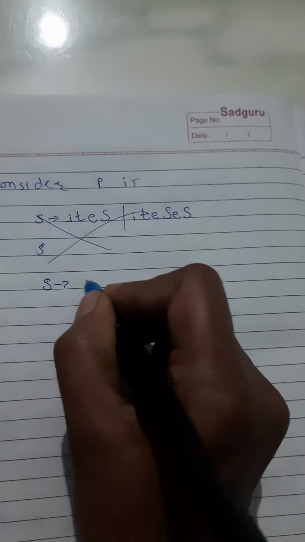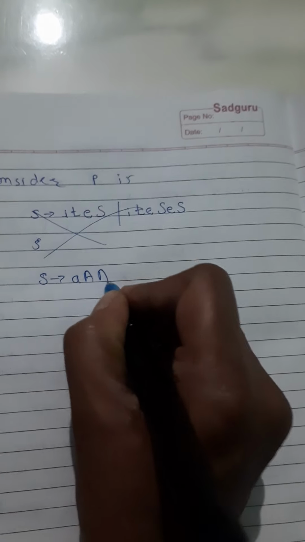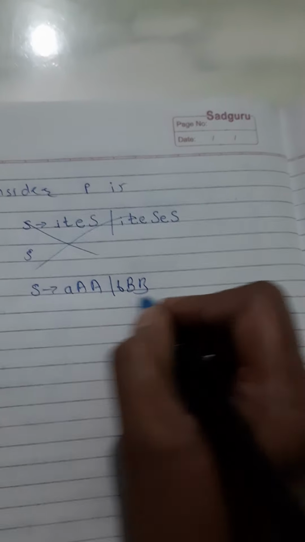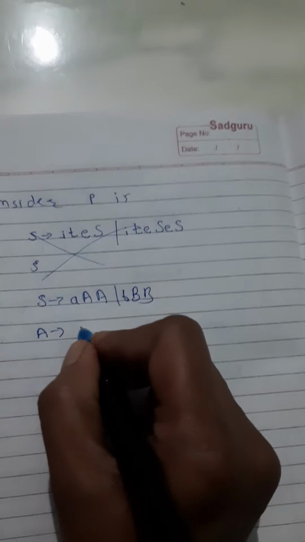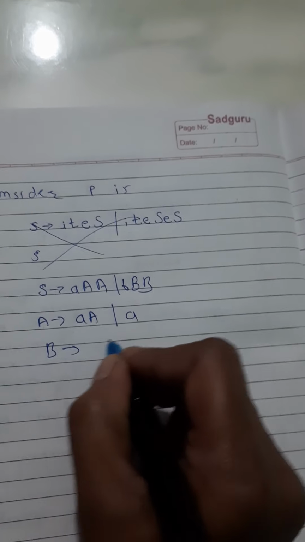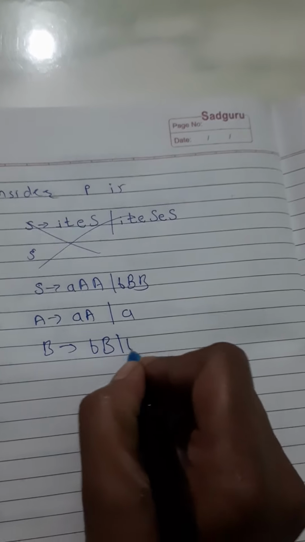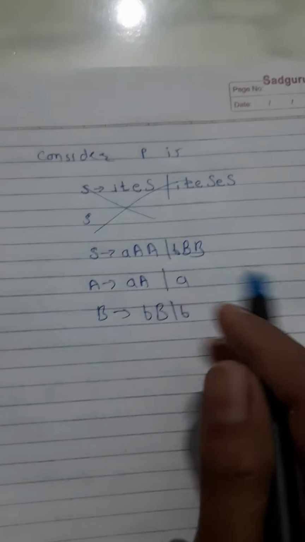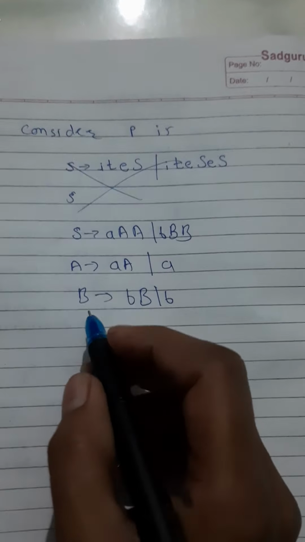S gives AA or BB, then A gives AA or A, B gives capital B or B. Okay, now if we consider this set of production rules, in this example there are 3 symbols written in uppercase.